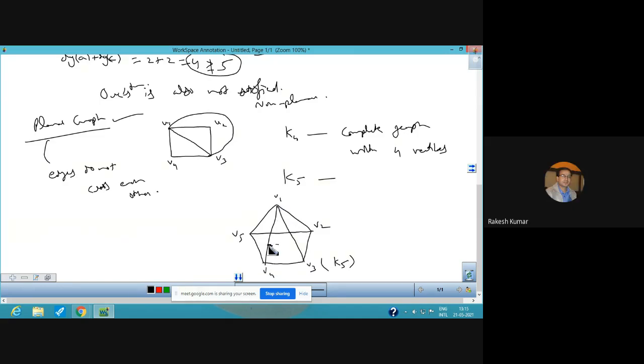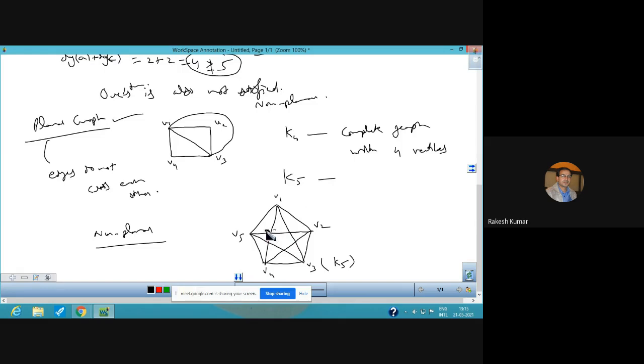So this is the meaning of completeness. We want to prove that this K5 is a non-planar graph. For planarity, you know the edges should not cross, but here the edges are crossing each other.